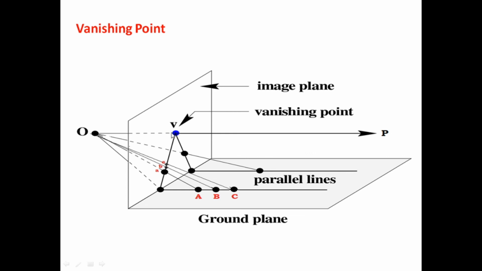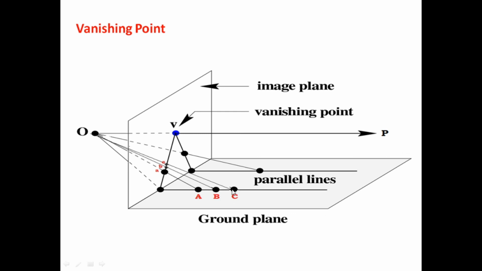That means I have 3 points, let them be point A, point B and point C on the ground plane. Correspondingly, for these 3 points there will be projections in the image plane. Let small a, small b and small c be the projections of capital A, B and C on the image plane. Suppose the points A, B and C move away in this manner towards the right side and keep approaching infinity. What happens to the projections in the image plane?